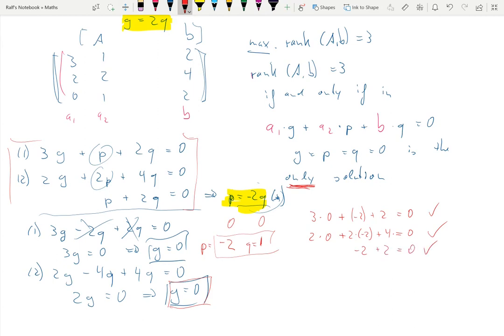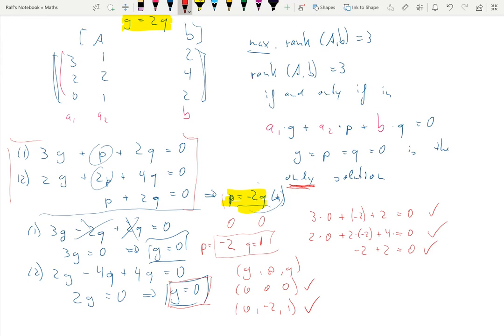That's also 0. So what we've established here is that for the combination of G, P, and Q, 0, 0, 0 was a solution, but also 0, negative 2, 1 was a solution. And in fact, you can get many more.